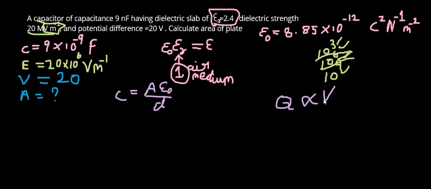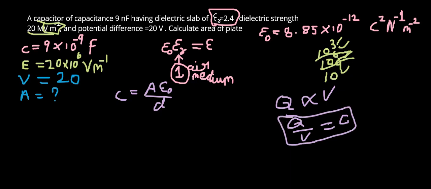Now the proportionality constant will be placed here as C, the capacitance of the capacitor. So we can derive this formula first of all, so that you can understand very clearly. If you have forgotten it, you can revise it as soon as possible.